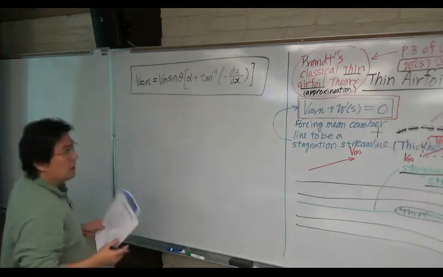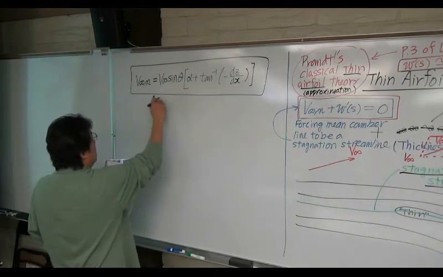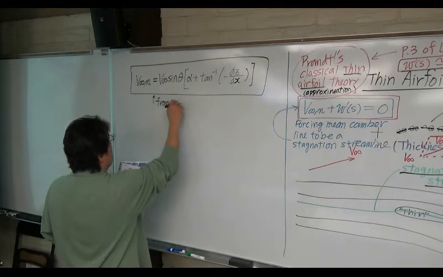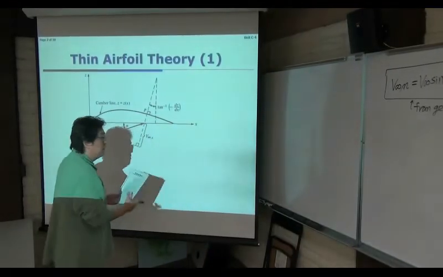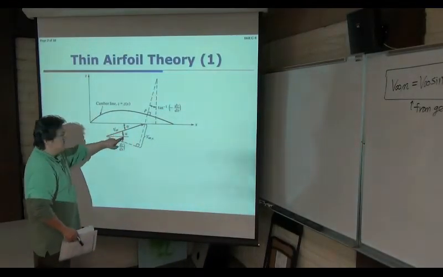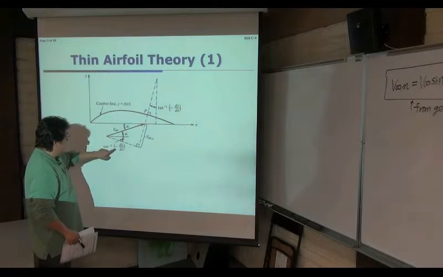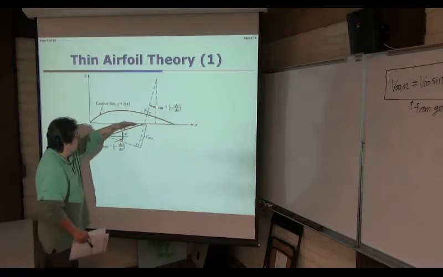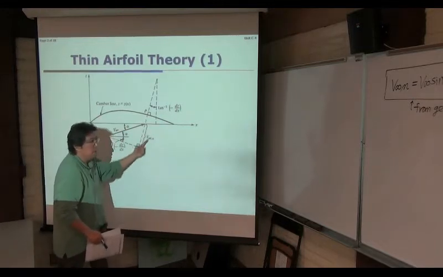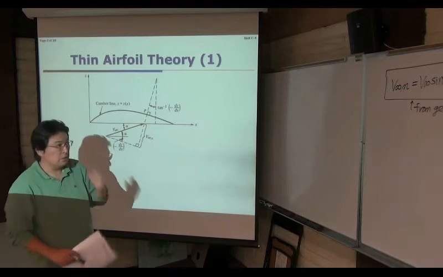This is an equation coming from geometry. Let's go back and take a look at it once again. Geometry-wise, this alpha plus this angle, which is inverse tangent of minus dz dx, those two angles added together, V infinity sine of that angle is V infinity n. It's coming purely from geometry.